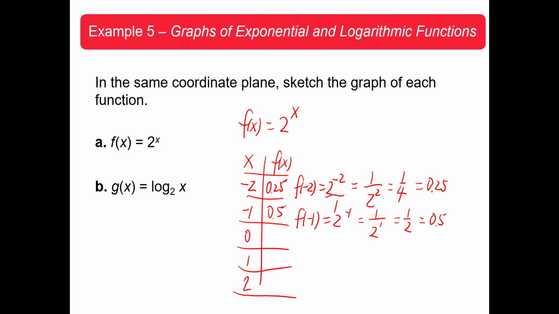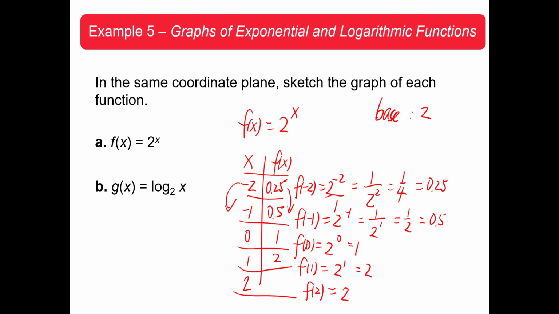As you can see, it's doubling. When the x value is increased by 1 unit, the y value doubles, because the base is 2. And f of 0 is 2 to the 0, that's 1. f of 1 is 2 to the 1, that's 2. f of 2 is 2 to the second, it's 4.